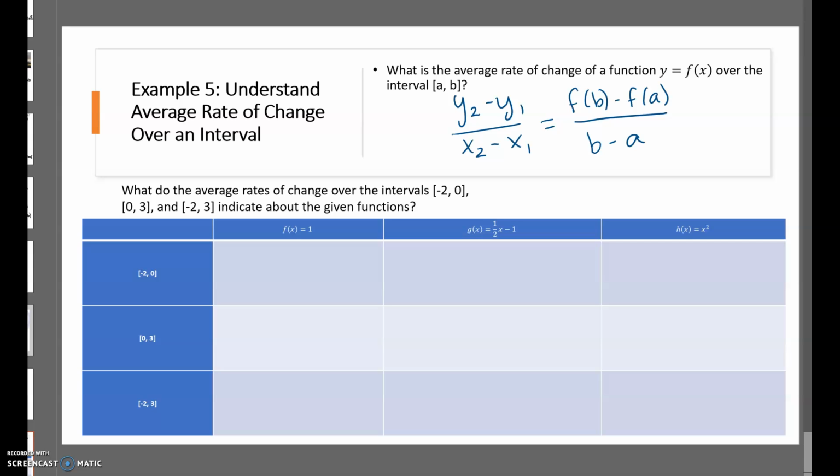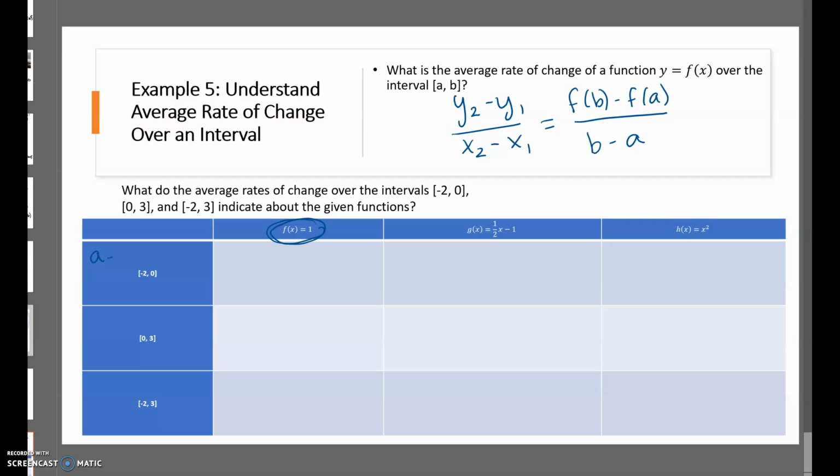So let's go ahead and start with this one right here. We'll just go in order so that it's not all over the place. So f of x equals 1 is the function that we are using. And so we are going to look at the interval from -2 to 0.